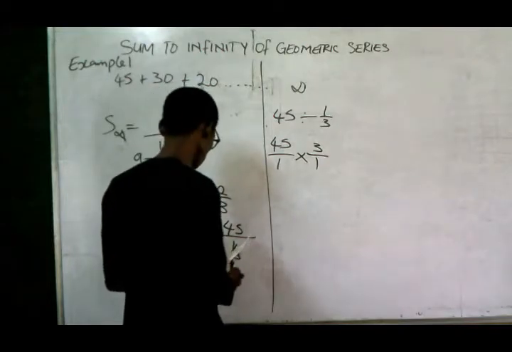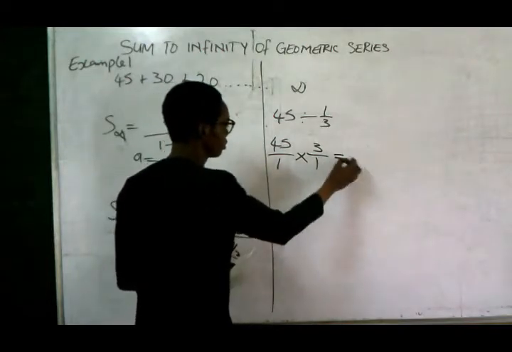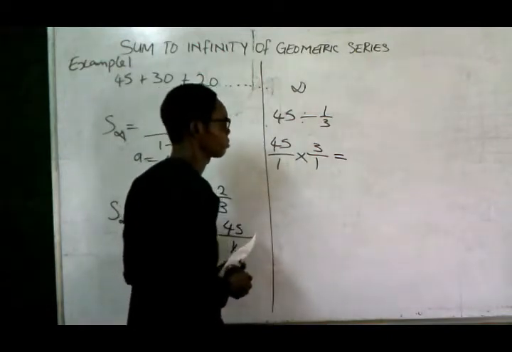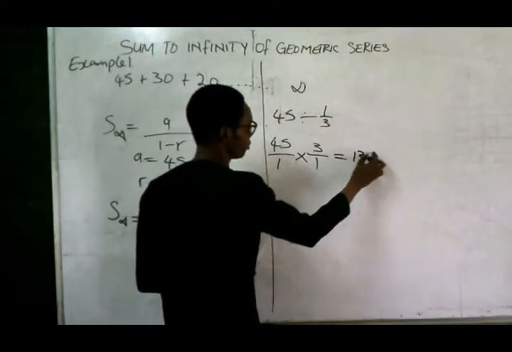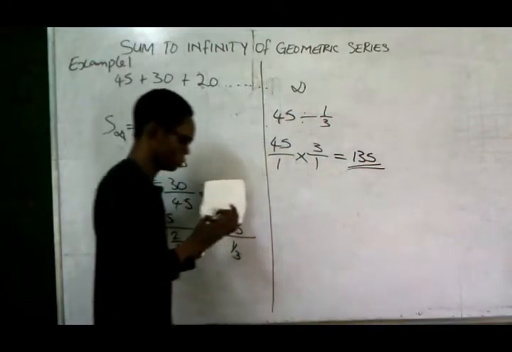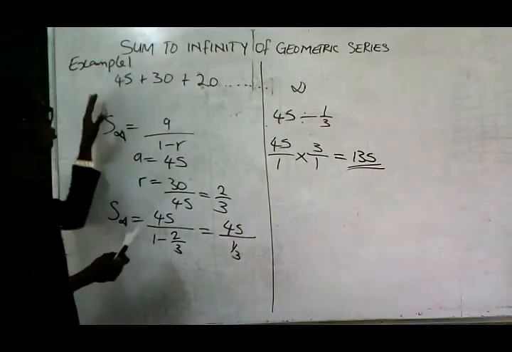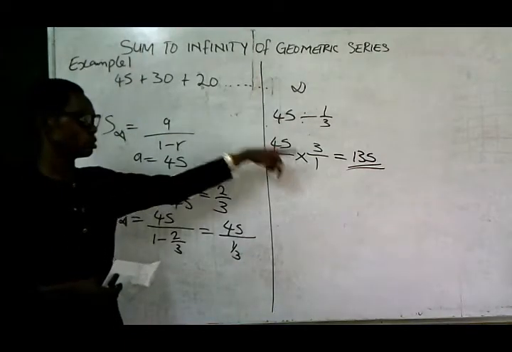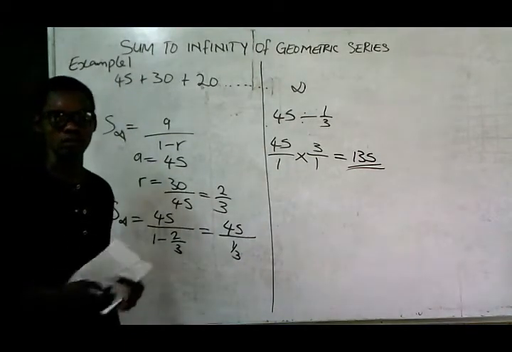So at the end of the day, 45 times 3 will give me 135. So the sum to infinity of this geometric series is 135.